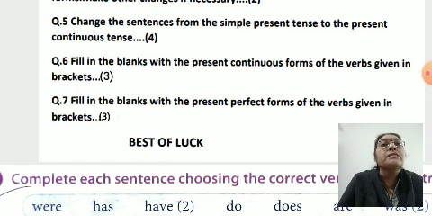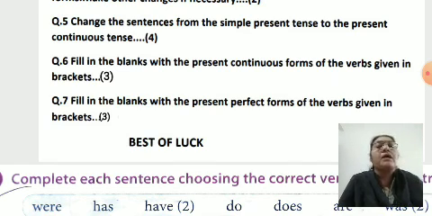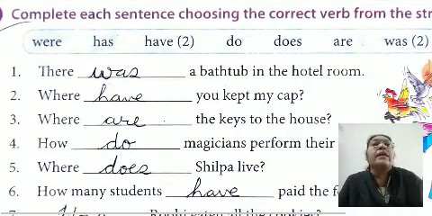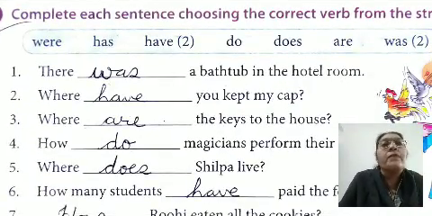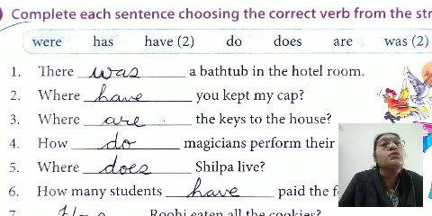Fill in the blanks with the present continuous forms of the verbs given in brackets, 3 marks. Fill in the blanks with the present perfect forms of the verbs given in brackets, 3 marks. As per that paper format, complete each sentence choosing the correct verb from the strip.